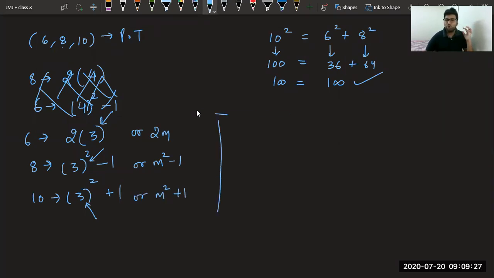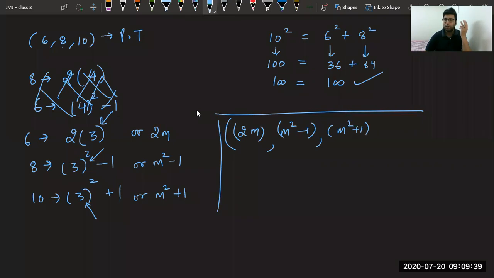So if you are able to write the three numbers as 2m, m squared minus 1 and m squared plus 1, then you can say they are a Pythagorean triplet because they follow the theorem.